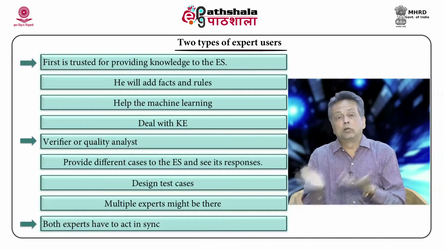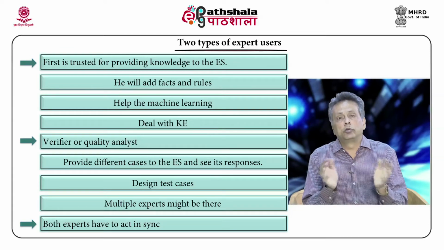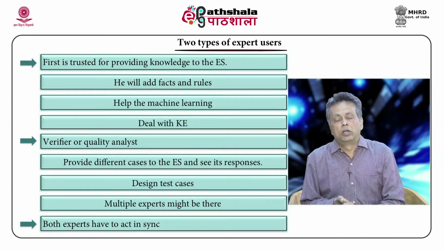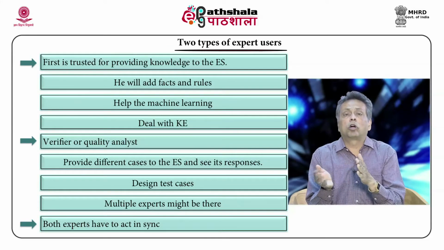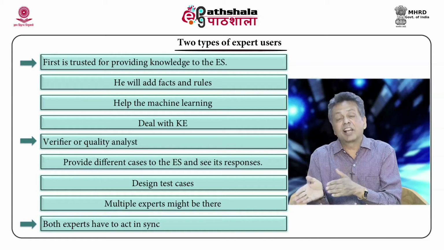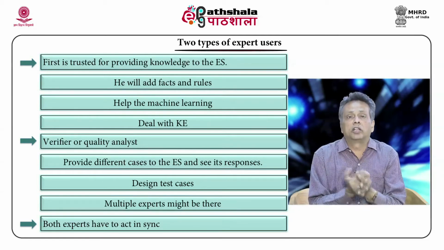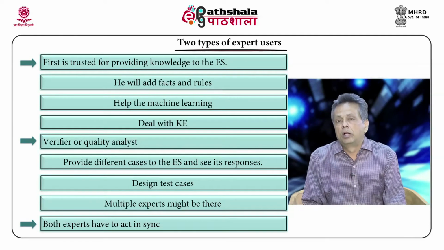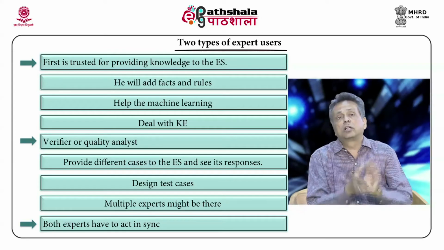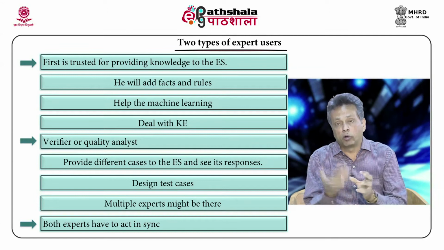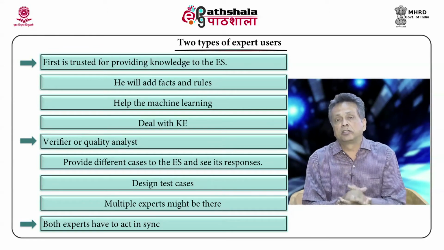If you learn those things by other means, that is usually known as machine learning. If that is done, the expert does not have to provide that information himself, but will have to monitor whether the information going in is right. So the first type of expert looks at the information, provides that information, and monitors the information when it is coming from other sources.